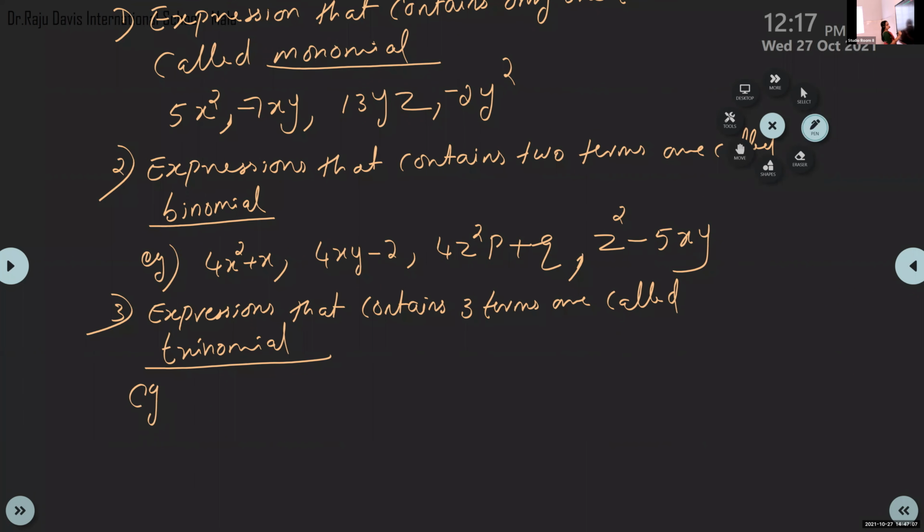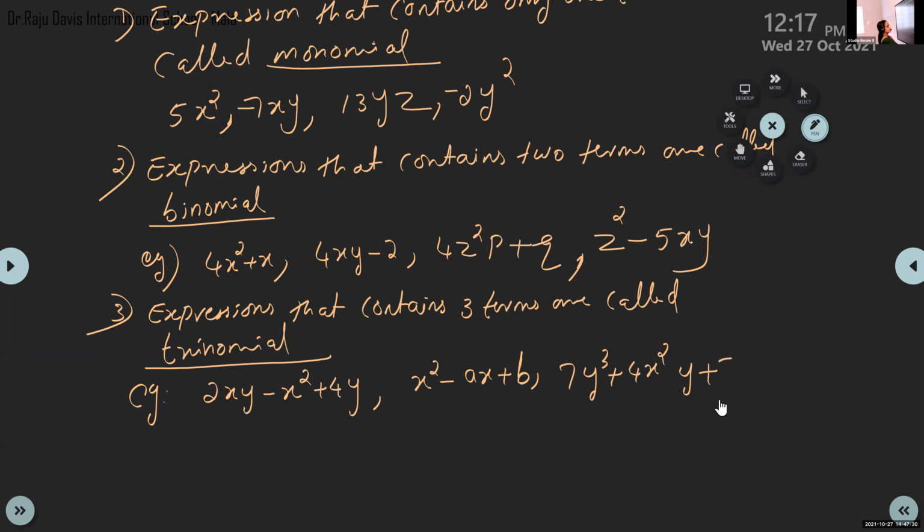Example, 2xy minus x square plus 4y, x square minus ax plus b, ax plus b, and 7y cube plus 4x square y plus 7. All these are trinomials. Expressions that contain three terms are called trinomials.